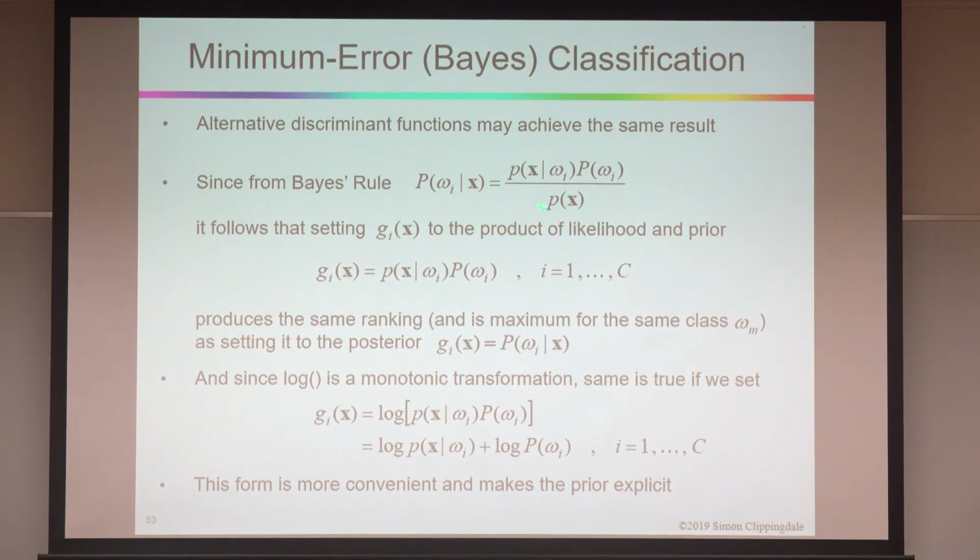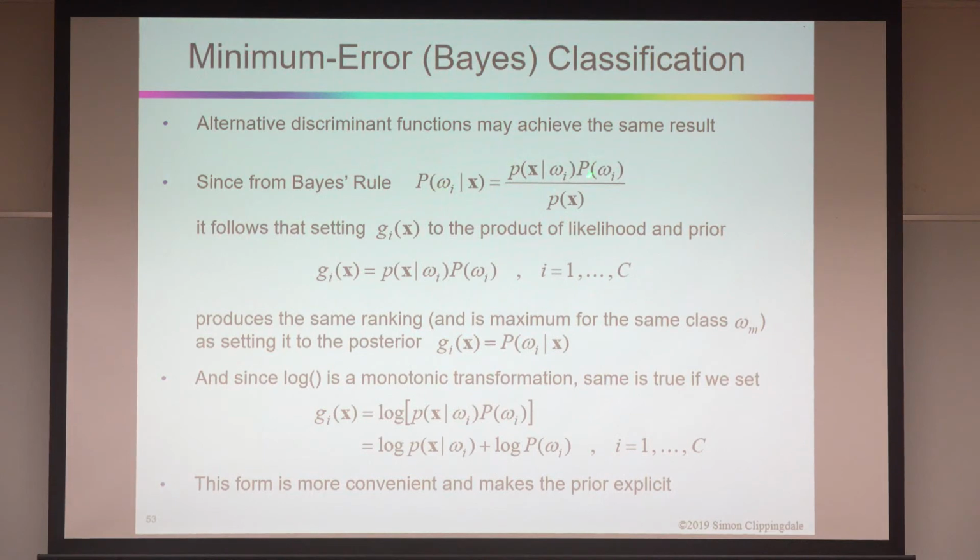And now on the top here, we have the x and the omega i the other way around. So this is a thing called the likelihood, and P of omega i here is the prior probability of any data coming from the ith class, and on the bottom here is the probability distribution of the vector x, which you don't have to worry about because that's the same for all classes i.